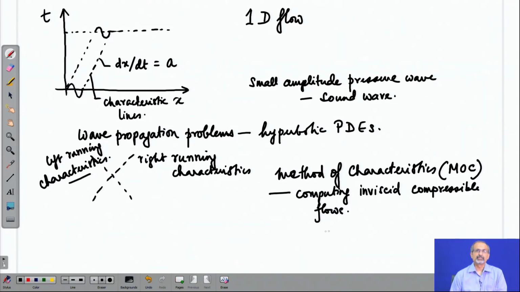If the flow is irrotational, then it is slightly easier to implement the MOC technique, but even if it is rotational, you do have a rotational form of the MOC technique as well.